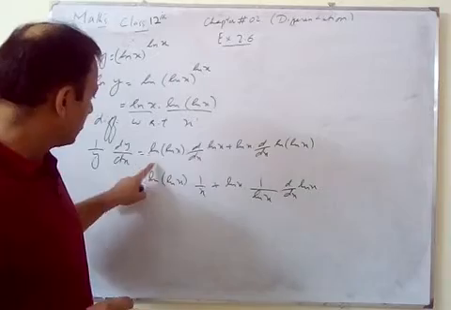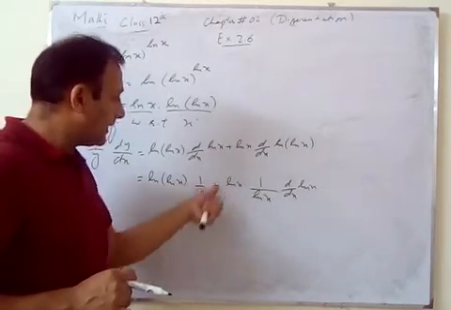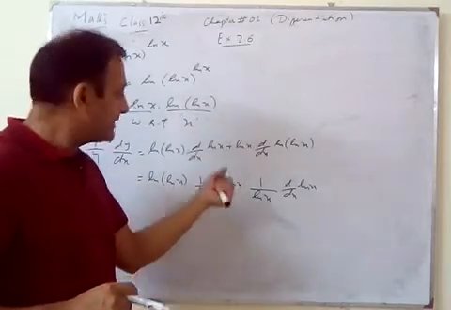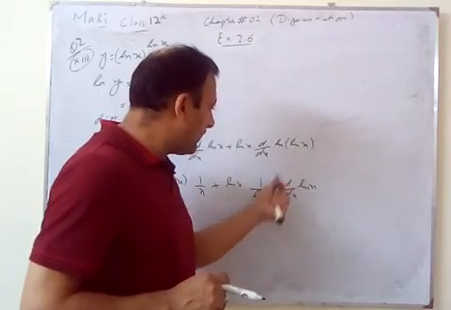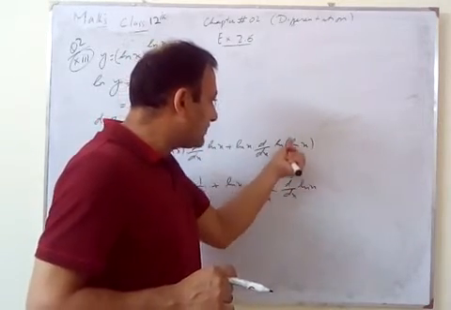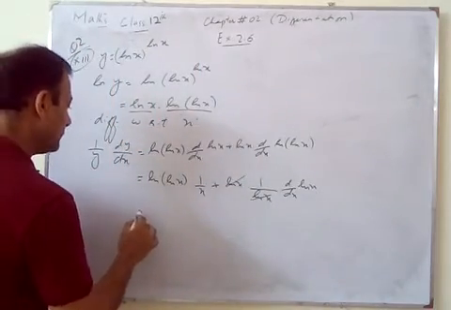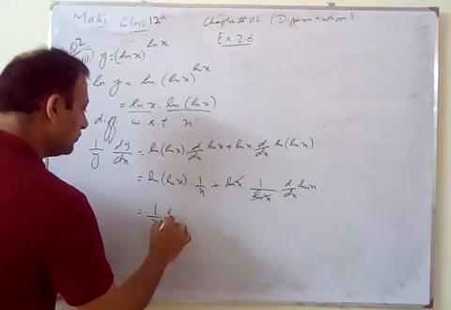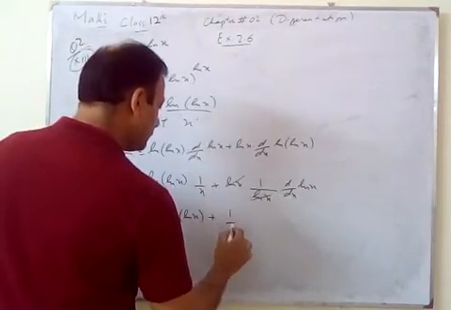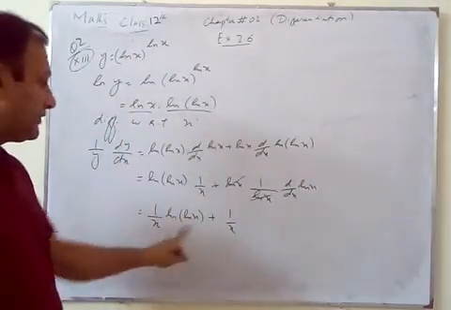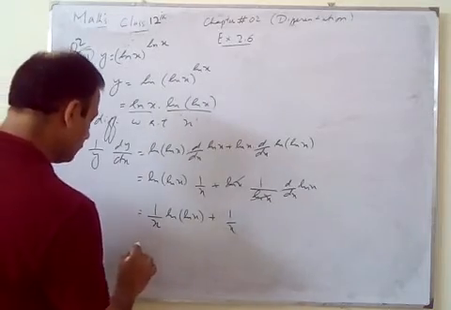First of all, we keep this function as it is, and the derivative of log of x is 1 over x, plus log of x as it is. Then we differentiate this log, so 1 over log of x into derivative of log of x. This log of x is cancelled. So 1 over x into log of x plus 1 over x is our answer. Or you can take 1 over x common, but this y we have to shift.